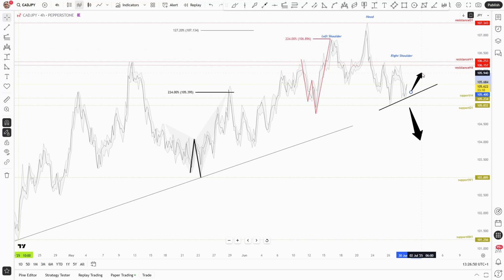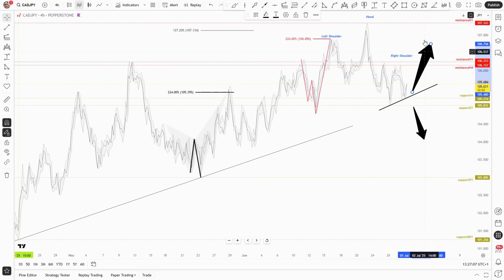But as always, the pattern will only validate once we see a breakout of the support level. I admit this is a nice price zone to search for positioning to the upside.